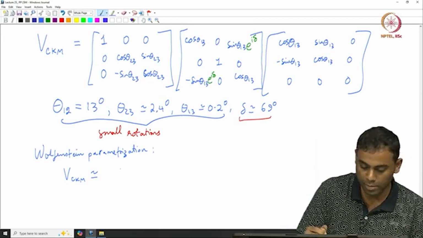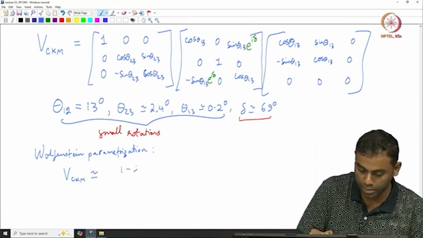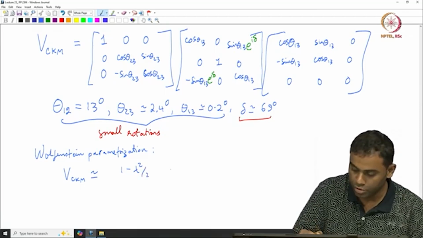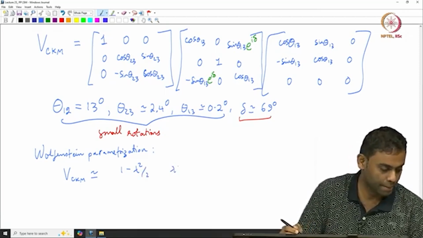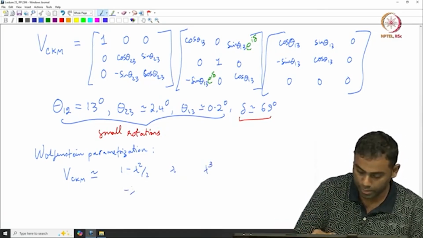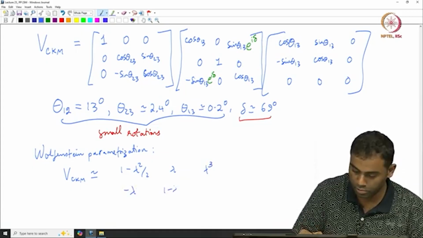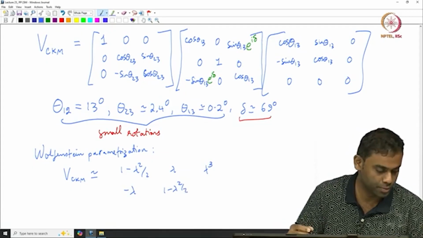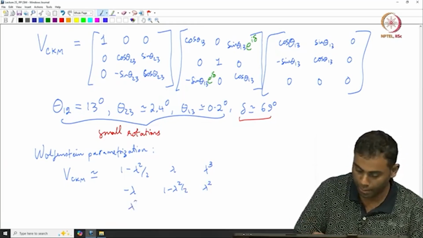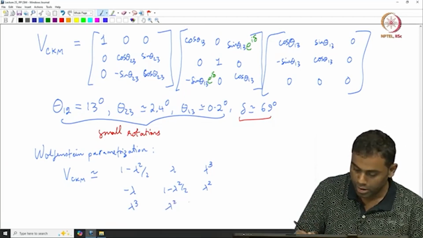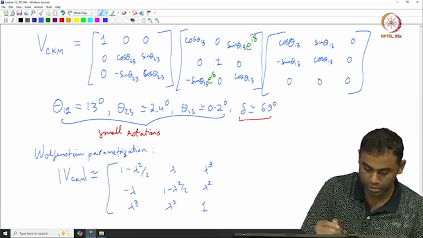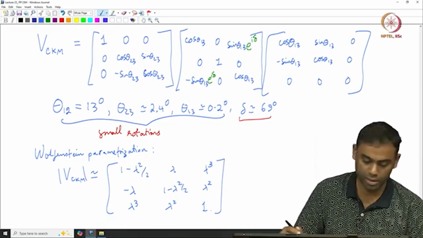Even among Wolfenstein parameterizations there are many orders to which you can keep terms, but for our purposes it helps to just keep terms up to this order, where you have 1 minus lambda squared over 2 and keeping only terms up to cubic order. Here I am neglecting the phases, so I am just taking the real part.